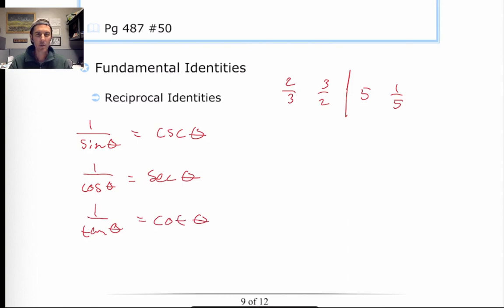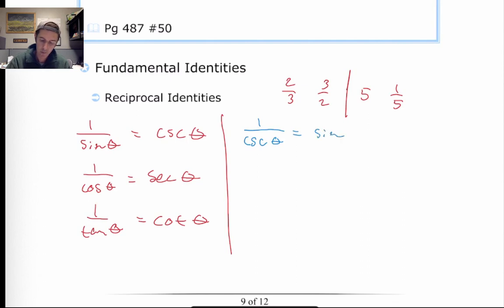Can I take the reciprocal of a reciprocal? Absolutely. 1 over cosecant would equal the sine function. And if you'd like to fill those in, we can. It's the reciprocal of the reciprocal.